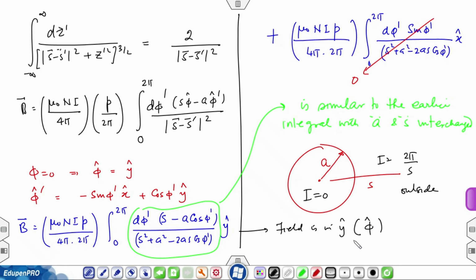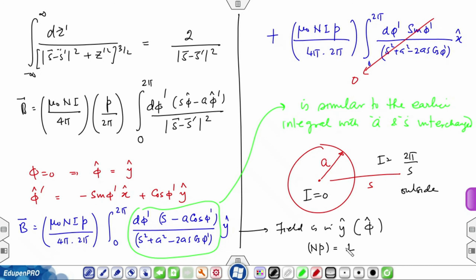Keep in mind that n times p, see, n is 1 over p, so it will give me 1. Okay.